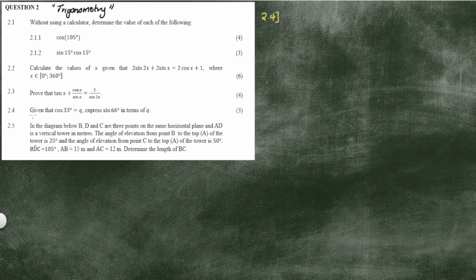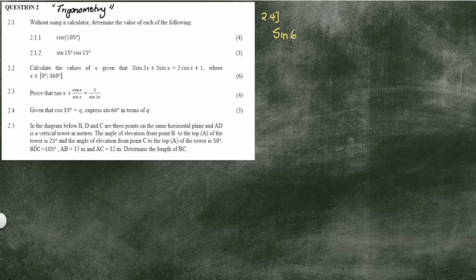2.4. Given that cos 33 degrees is equal to q, express sine 66 degrees in terms of q. In terms of q. Alright, there are many ways to approach this problem, but first, let's do this.